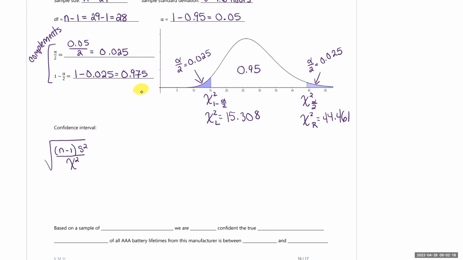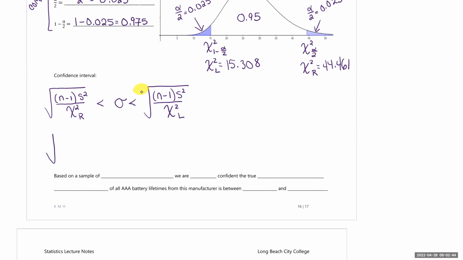If you want simpler notation, you can just write chi-square on the right side. That's going to be our lower limit, and we're estimating sigma. Then the upper limit formula is n minus 1, s squared. The numerator is the same, but now the denominator will be the chi-square left number.